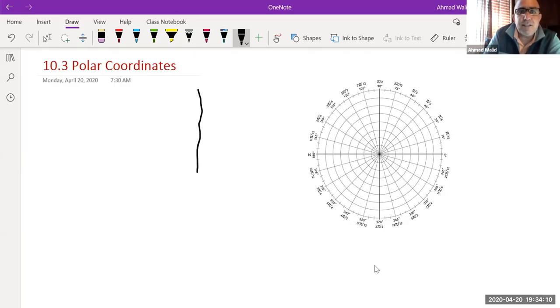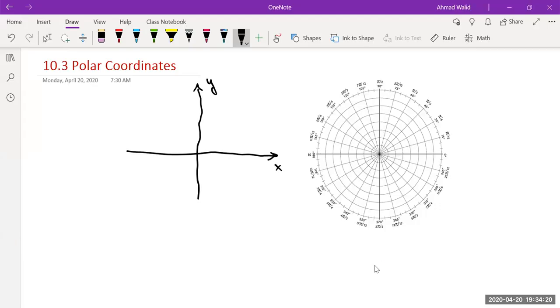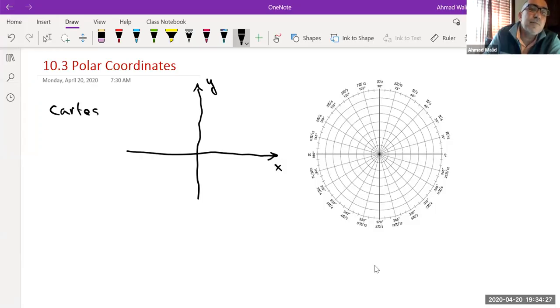Right now, I think everyone is very good with the system which we call the rectangular or the Cartesian coordinate system, right? You learned it from the beginning of algebra up to now.